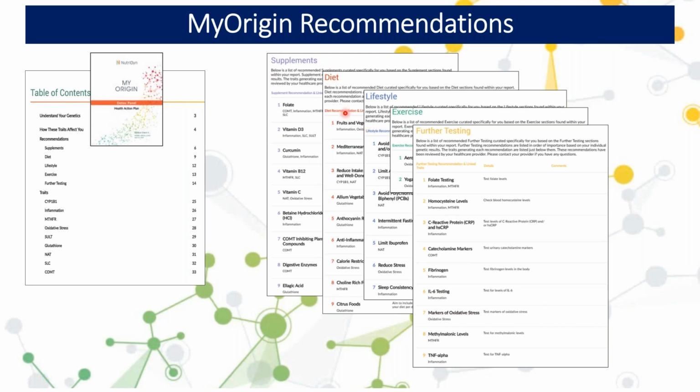There are specific diet recommendations and lifestyle recommendations, and you can see based on a particular SNP, whether it's NAT or your inflammatory traits, oxidative stress, and specific lifestyle exercise recommendations. And then based on the particular trait as well, recommendations of other tests that you might want to take to look at the specific markers in real time.